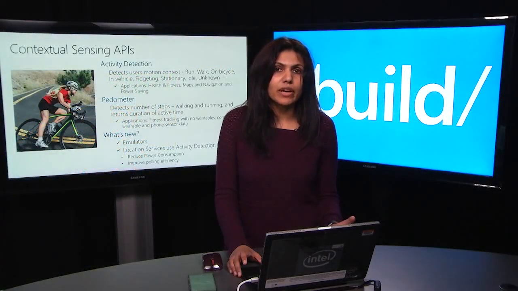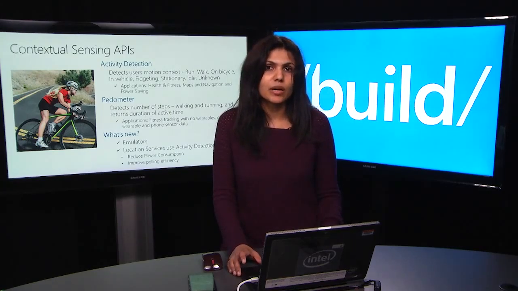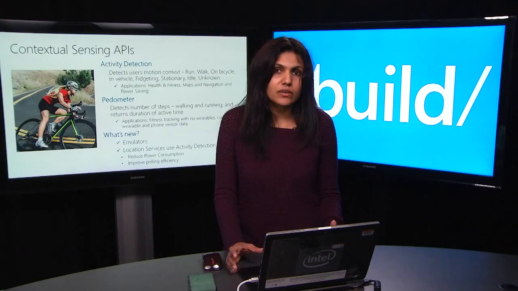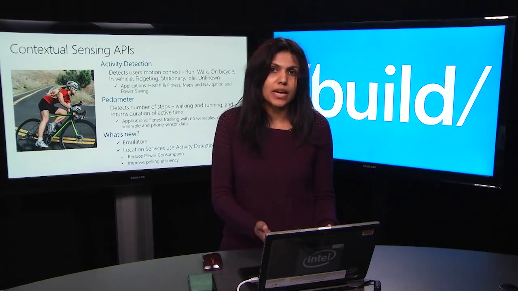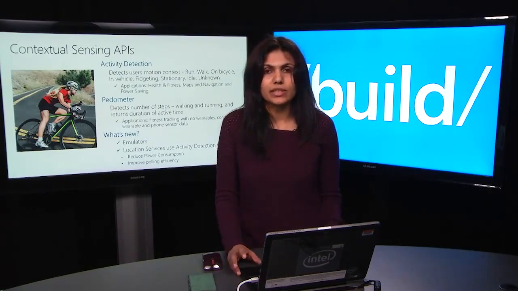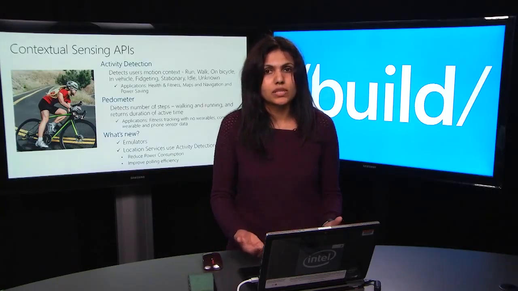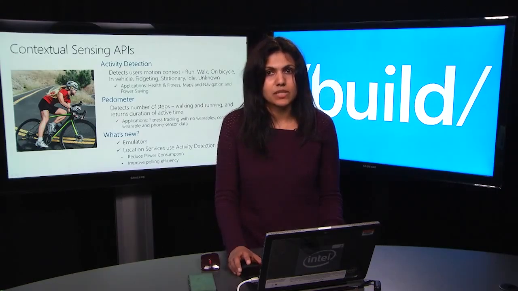If you don't have a wearable or an activity tracker, you could use your phone to track the number of steps and track your fitness goals. If you have a wearable or an activity tracker, you could use these APIs in conjunction with those wearables, and in case you forget your activity tracker, you could use your Windows device to track your steps.